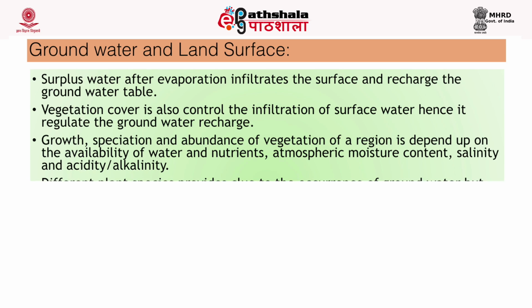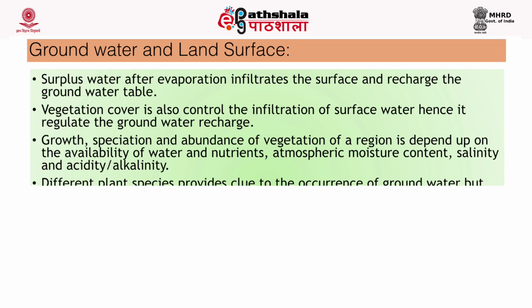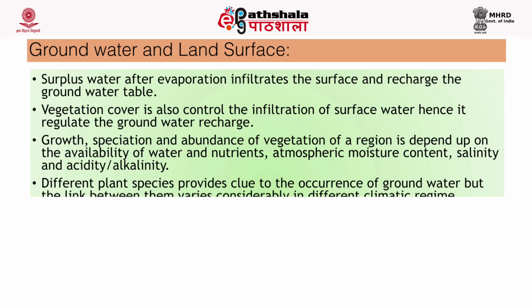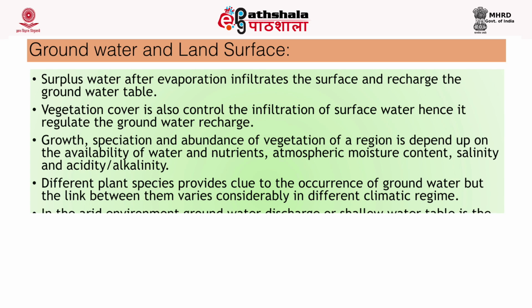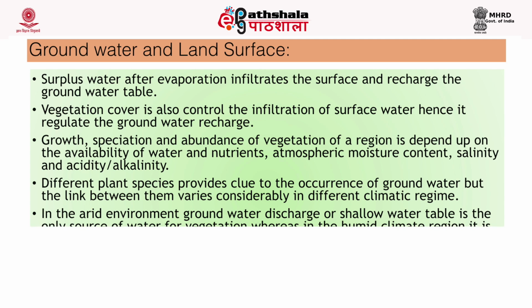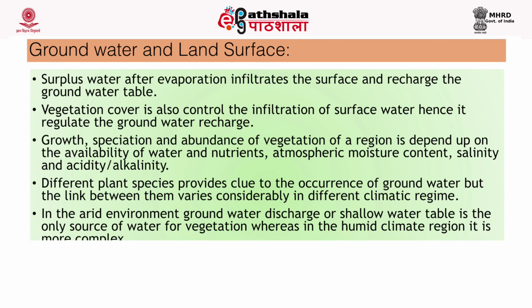Growth, speciation and abundance of vegetation of a region depend upon the availability of water and nutrients, atmospheric moisture content, and salinity and acidity or alkalinity of the soil. Different plant species provide a clue to the occurrence of groundwater, but the link between them varies considerably in different climatic regimes.